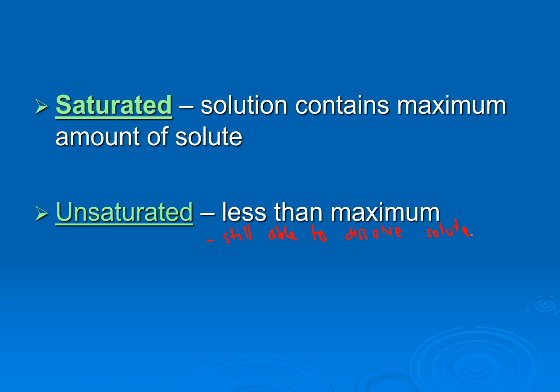If something is saturated, you are not able to dissolve more solute. So saturated, you have as much solute dissolved as you can. You can't make any more disappear as you're stirring. If something's unsaturated, then you can keep stirring up that solute and making it disappear.